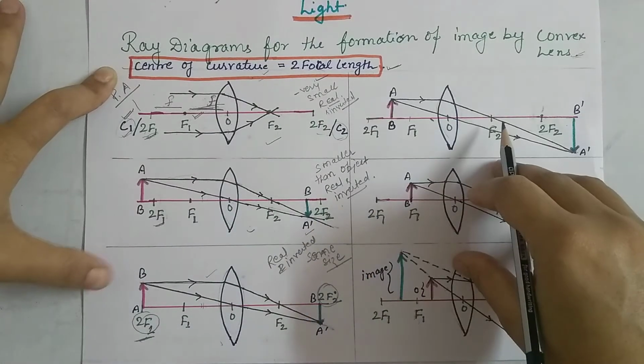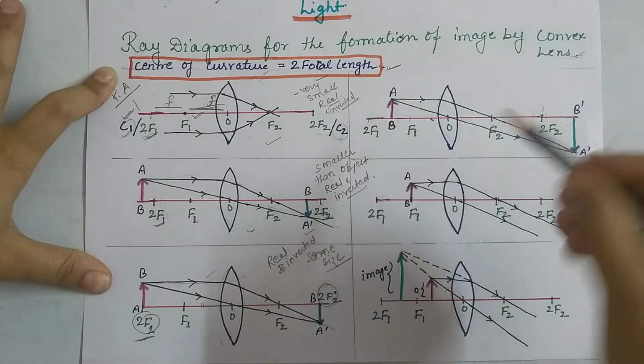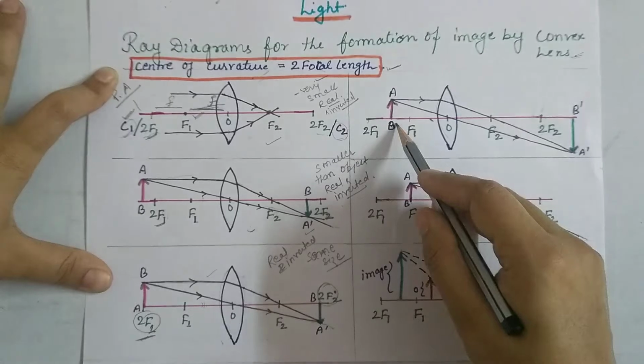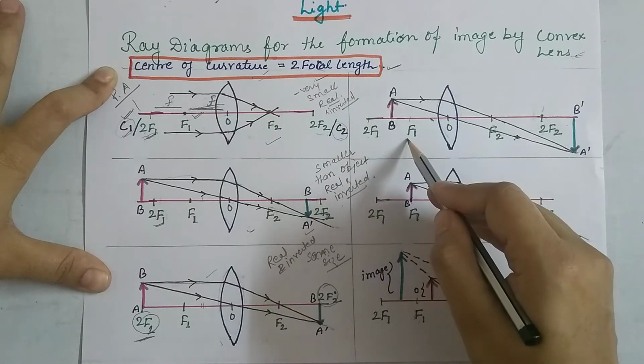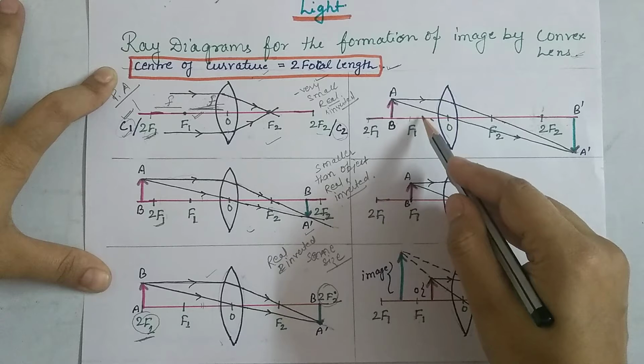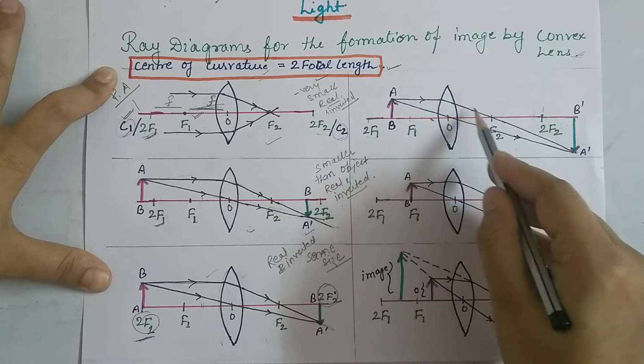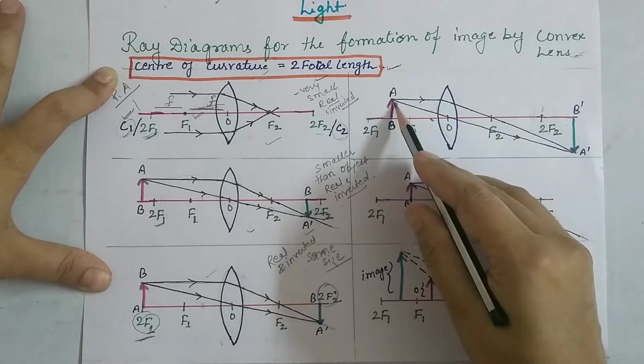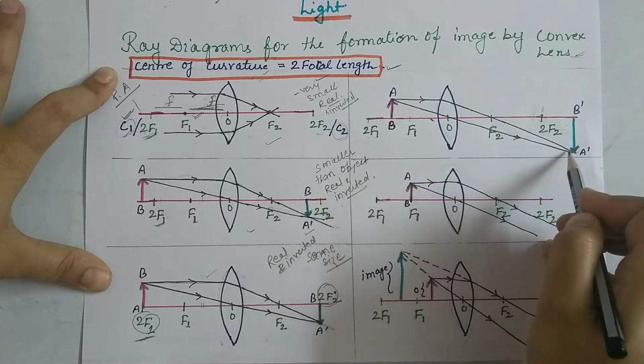Now our next diagram. Here the object is placed between 2f1 and f1, and again the rules apply. The incident ray parallel to the principal axis must pass through the focus, and through the optical center it will not bend.